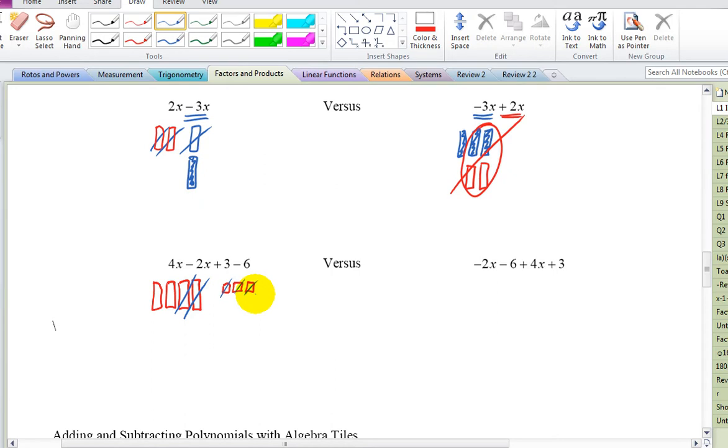I need to minus 3 more. What do I have to do? I can't take any more away. What do I have to do? Draw 0 pairs. Now you take away a total of 3. Okay. So my final answer then is 2x minus 3.